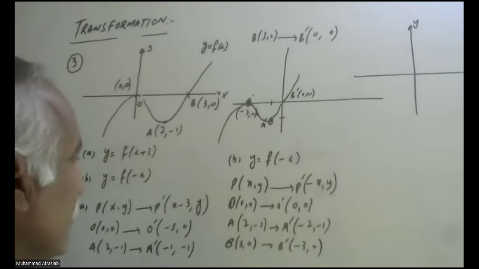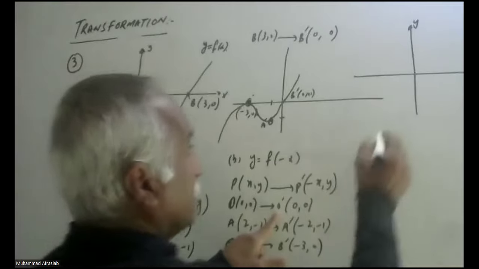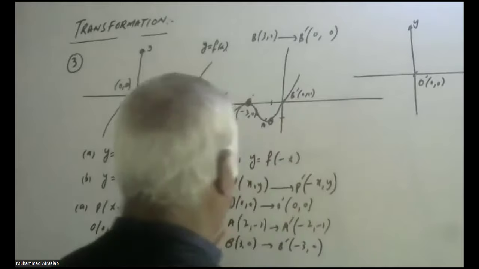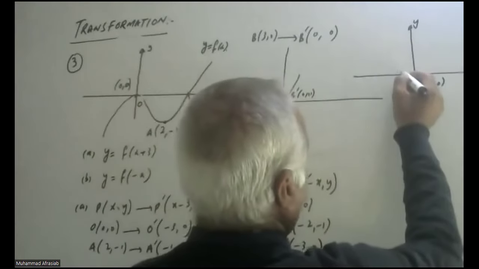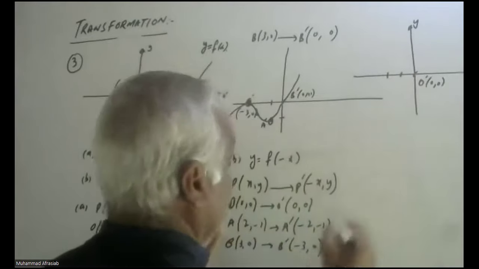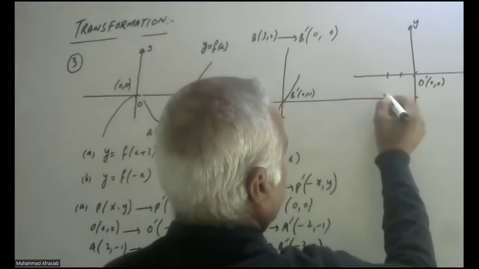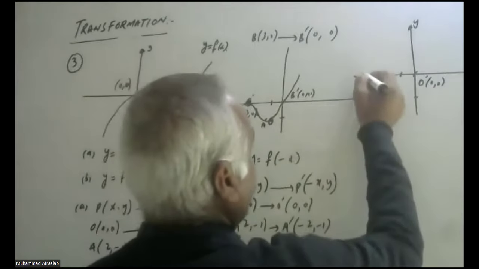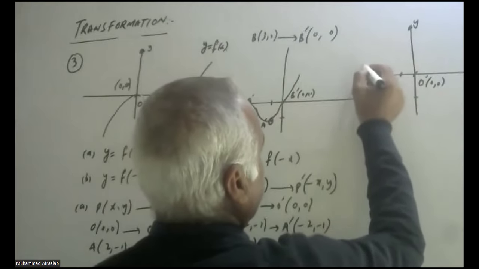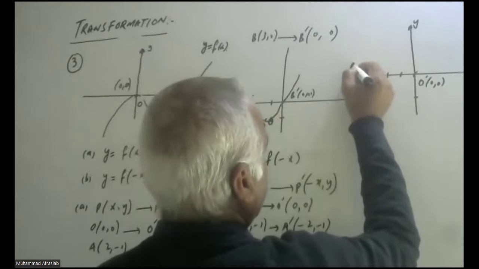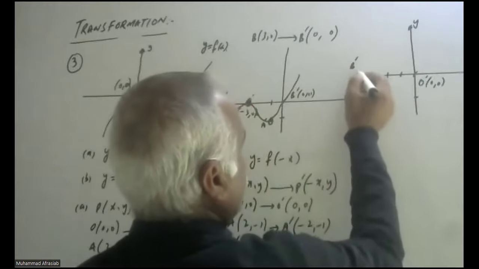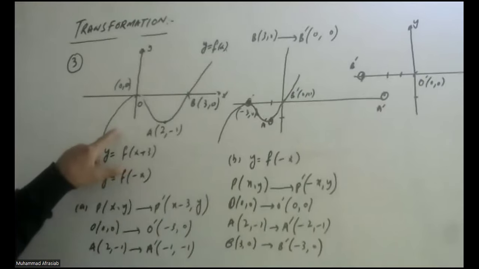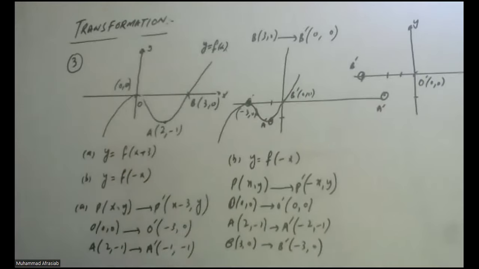So we have seen that O dash will become (0, 0), A dash is going to be (-2, -1), and B dash is going to be (-3, 0). So this graph will be reflected about the y-axis.